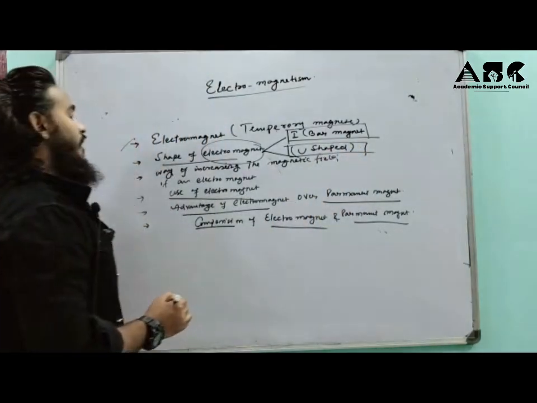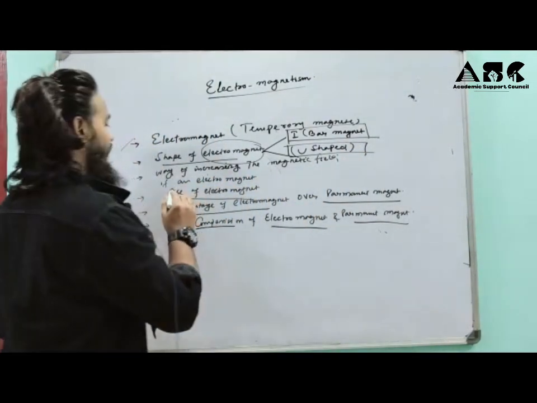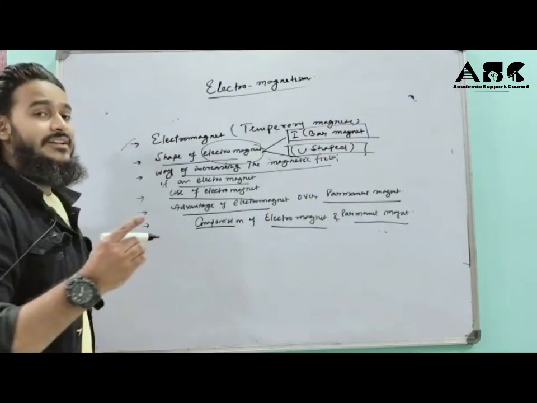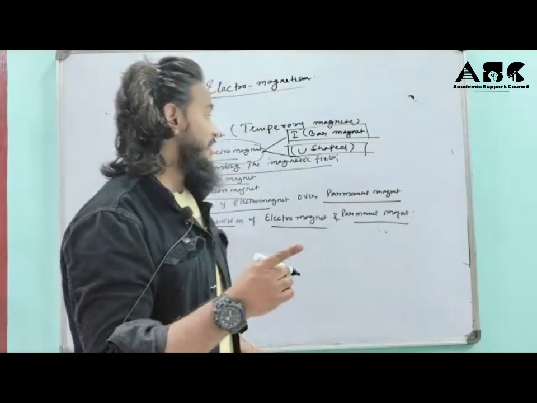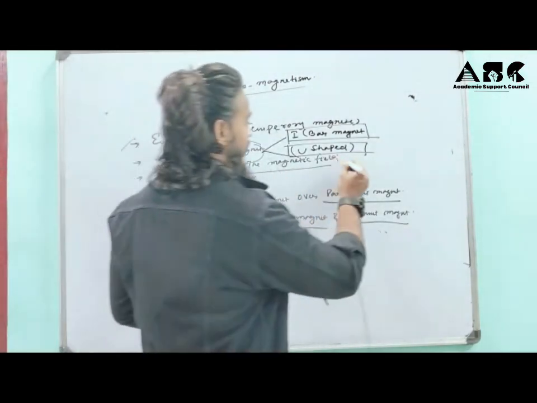Now, what is the way of increasing the magnetic field of an electromagnet? We already learned in the solenoid how we increase the magnetic field. In the same way, the magnetic field in the electromagnet can generally be increased in two ways.